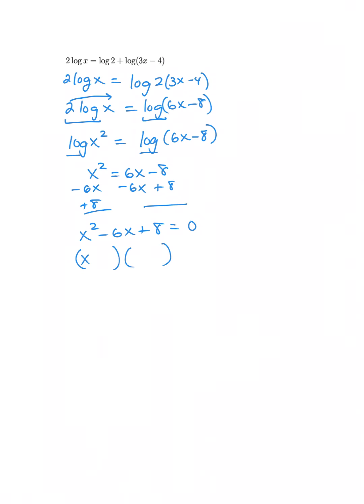You can now factor and solve. So x equals 4 or x equals 2. If you substitute 4 and 2 back into the equation, both of them work. So there are 2 answers.